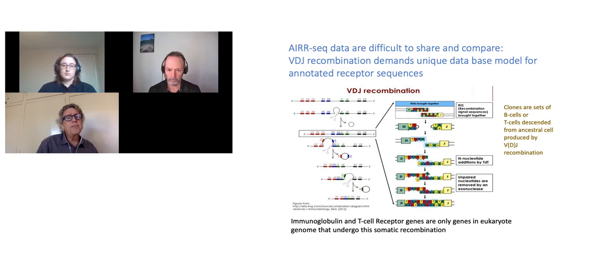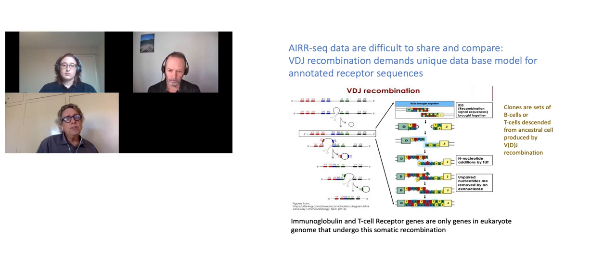There's a little pair of scissors that cuts the DNA out between the D and the J, and then cuts it between the V and the D, and produces this VDJ recombination. So again, these are the only genes that have this VDJ recombination, with these hugely expanded families. And this is the first step in the diversity that these repertoires need to have.